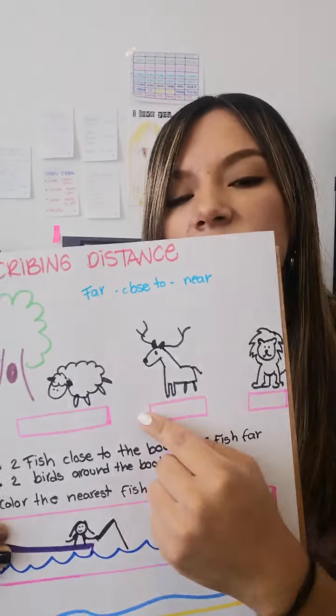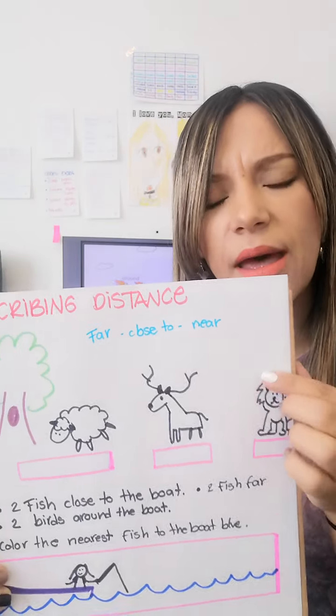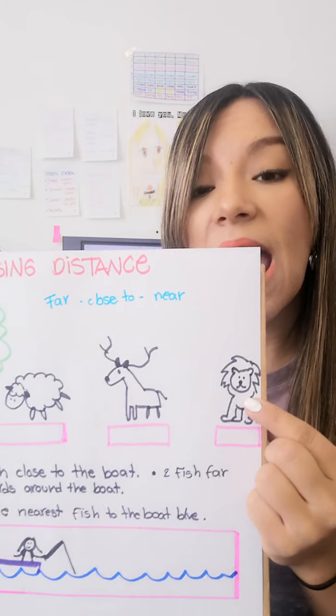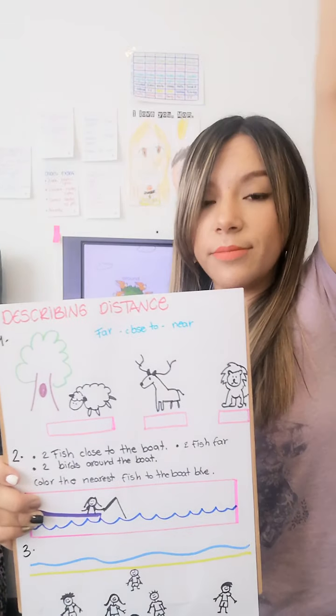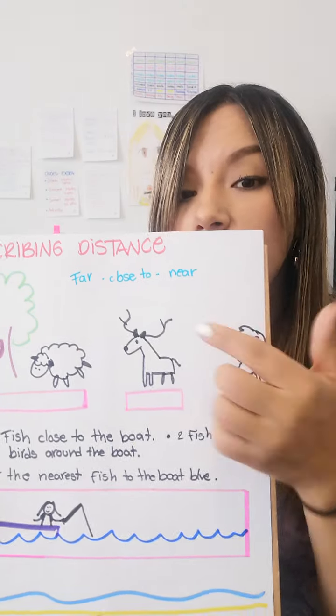So, let's think about this. Let's think about the lion. The lion, ¿qué tan cerca está? Think about the distance from the lion to the tree. I think the lion is far from the tree. So we're going to use the word far. Let's write it down.